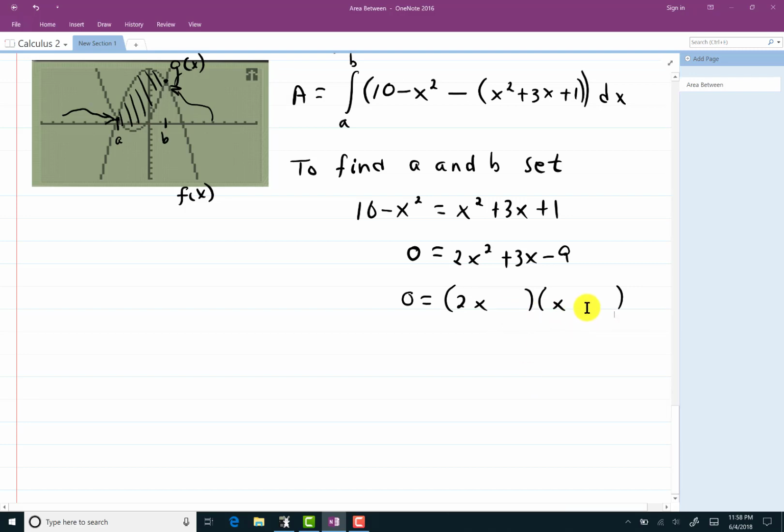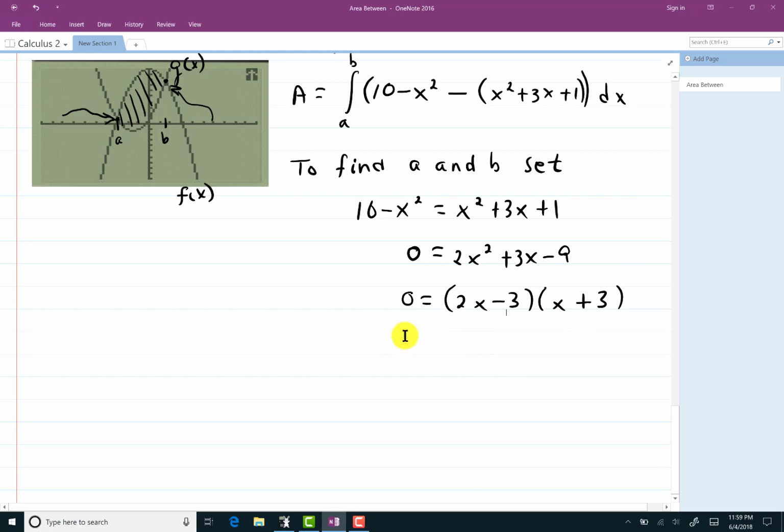I see right off the top that 1 and 9 have no shot, but 3 and -3 have a shot, because if I put a +3 here, then the 2x times that 3 will give me 6x, and that allows me to put a -3 here, and so the 6x minus the 3x will give me a +3x, and then of course I get -9.